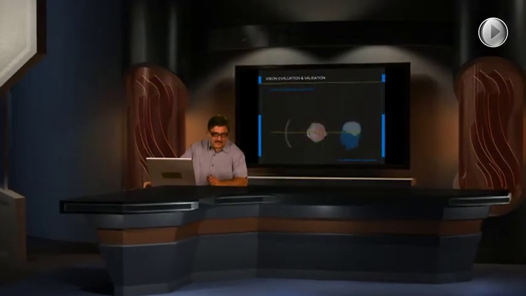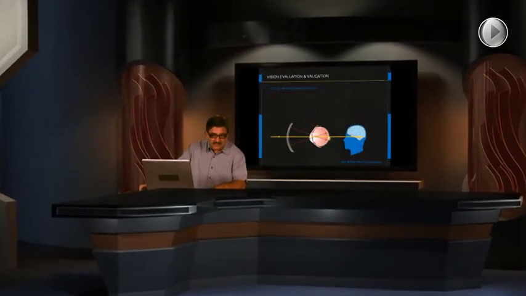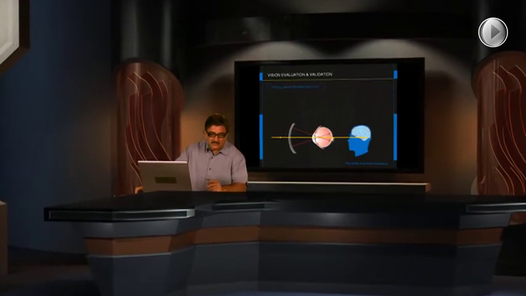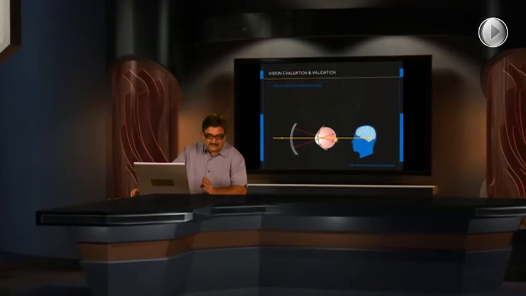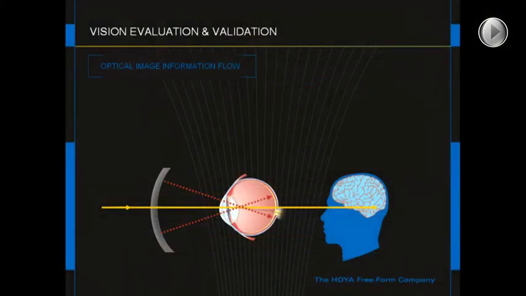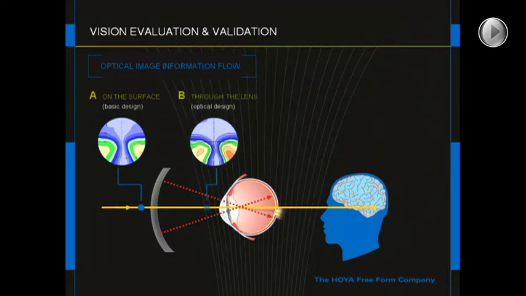To better illustrate how the Hoya design evaluation and validation process works, let's look at the flow of image information as it enters the front surface of a progressive lens all the way through to how those images end up being perceived by the brain.